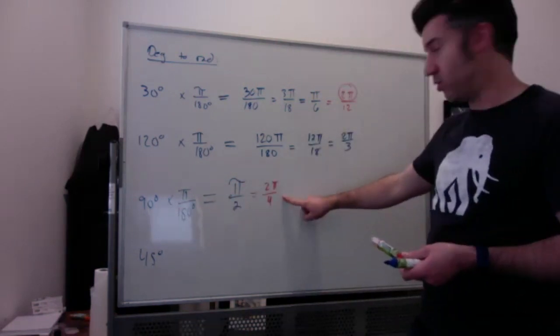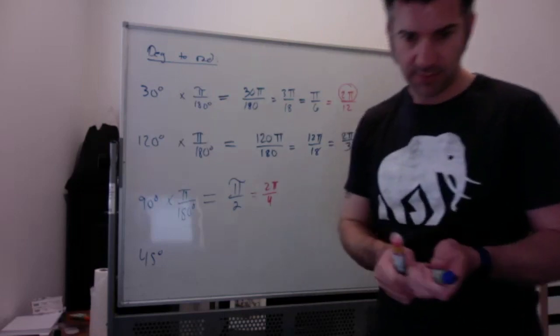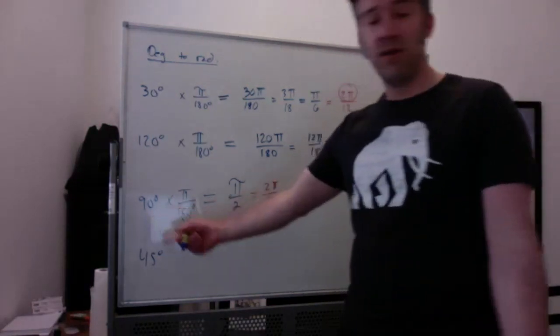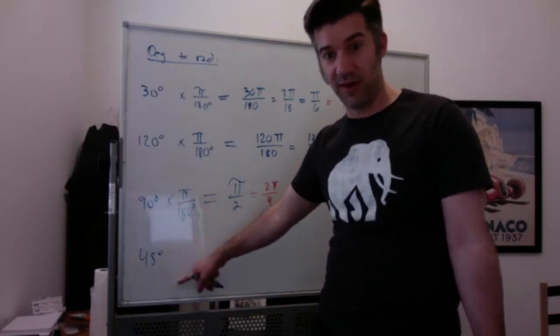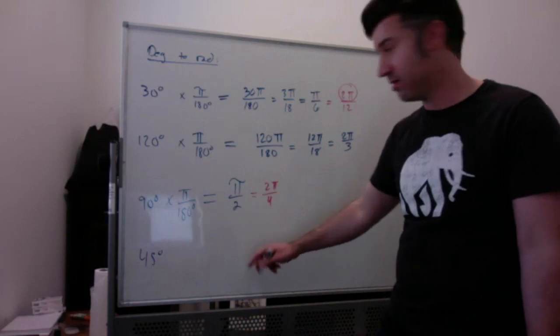Pi over 2, or 2 pi over 4, is a quarter of 2 pi. Then the last one here, 45. Well, in fact, we can go from 90 to 45 really easy. We know that half of 90 degrees is 45 degrees. So half of this should be equal to that.